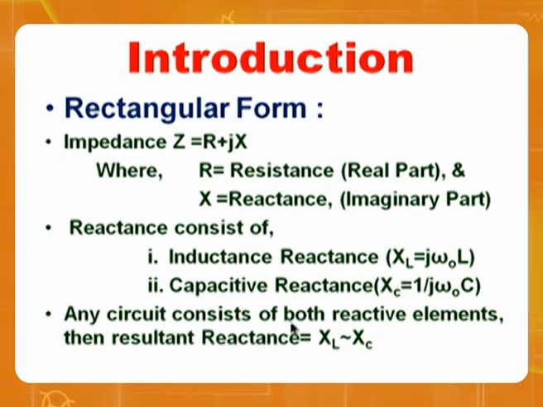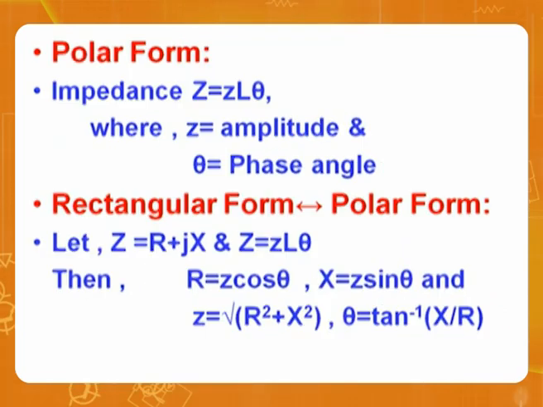Any circuit consists of both reactive elements, then the resultant should be taken. The resultant is taken as XL and XC difference. This is not minus, this is difference. Why do I say difference? Sometimes XL may be higher, sometimes XC may be higher, but the resultant is the difference of those two. That's the small idea about rectangular form.